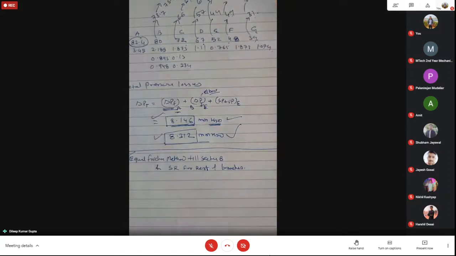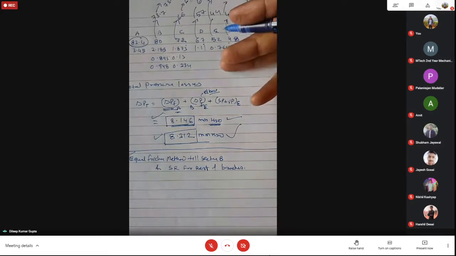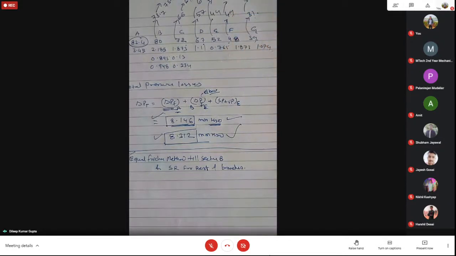So I am expecting that using the equal friction method, and a combination of these two will give some better answer also. Maybe better also, may not be better. That you have to check. Then you have another choice that you can solve this problem by taking A, B, C from the equal friction method, D, E, F, G from the SR static regain method. 4 from the static regain method, 3 from the equal friction method.